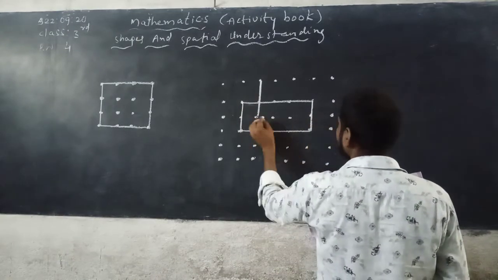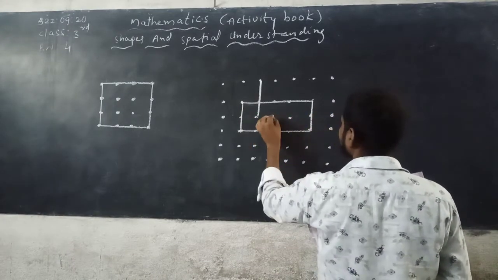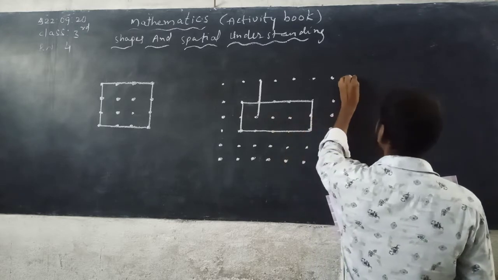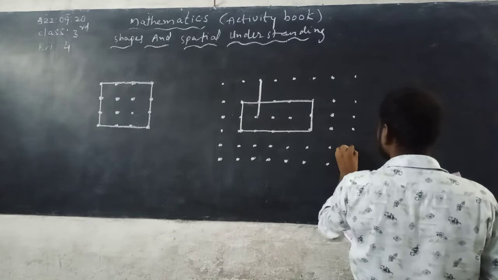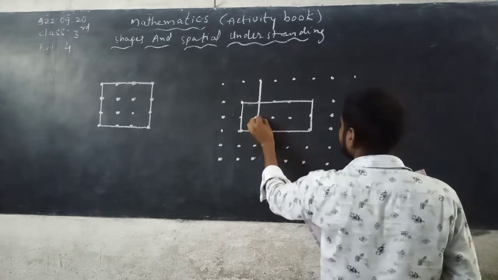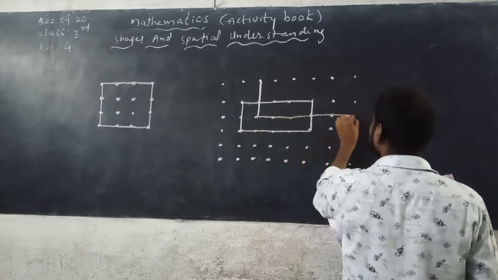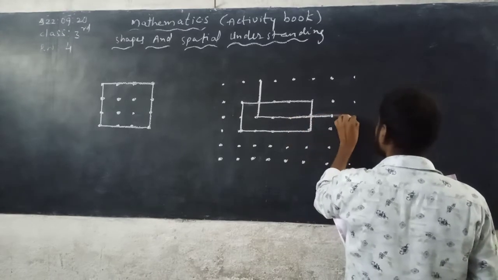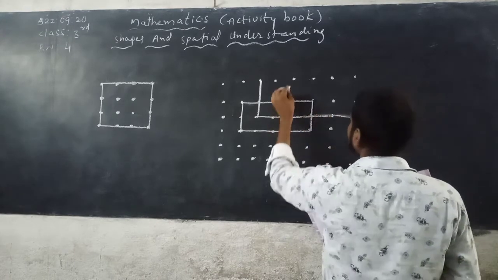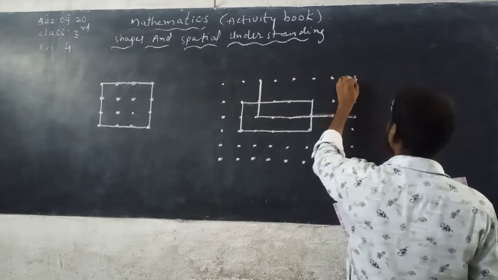So you have to take 5 dots. 1, 2, 3, 4. 1, 2, 3, 4, 5. 1, 2, 3, 4, 5.